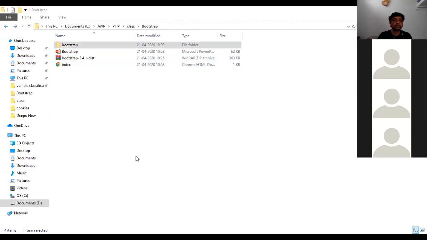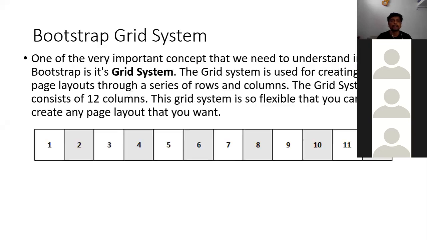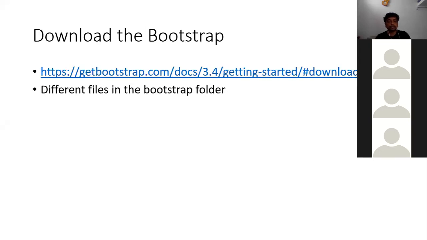This is how we can get the Bootstrap. If I want to take a Bootstrap and create something, the first thing is to download the Bootstrap, see what files you received in the downloaded folders, and then how to use those files. Next, I will show you how to create a simple web page.